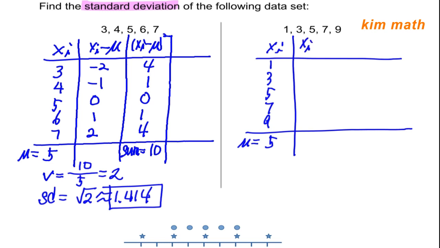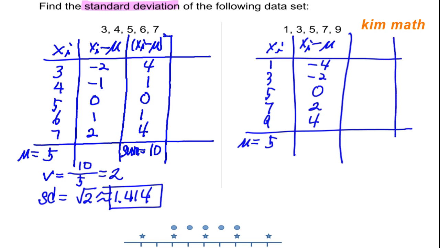Now it's time to find x minus mu: 1 minus 5, 3 minus 5, 5 minus 5, 7 minus 5, 9 minus 5. Now xi minus mu squared.